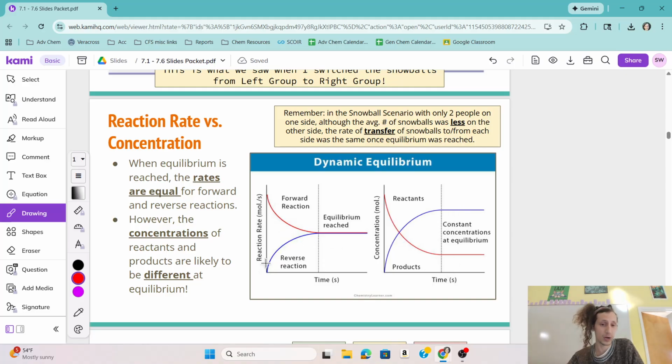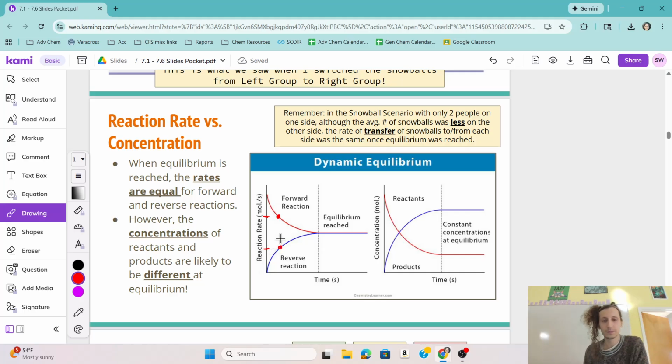If we graph the rate of the forward versus the reverse reaction, when equilibrium is reached, they are by definition equal to one another. When the forward reaction is faster, like right here at this time, the forward reaction is at a higher rate than the reverse reaction.